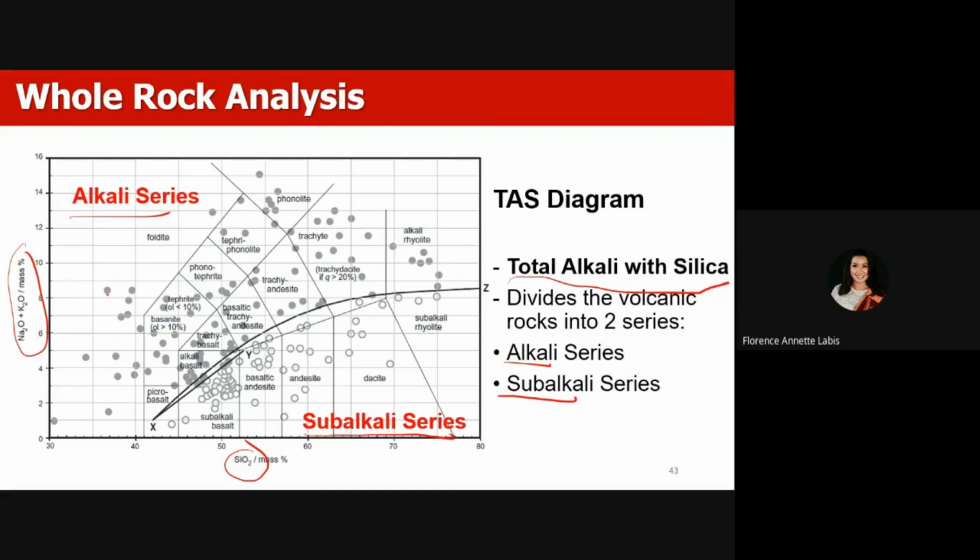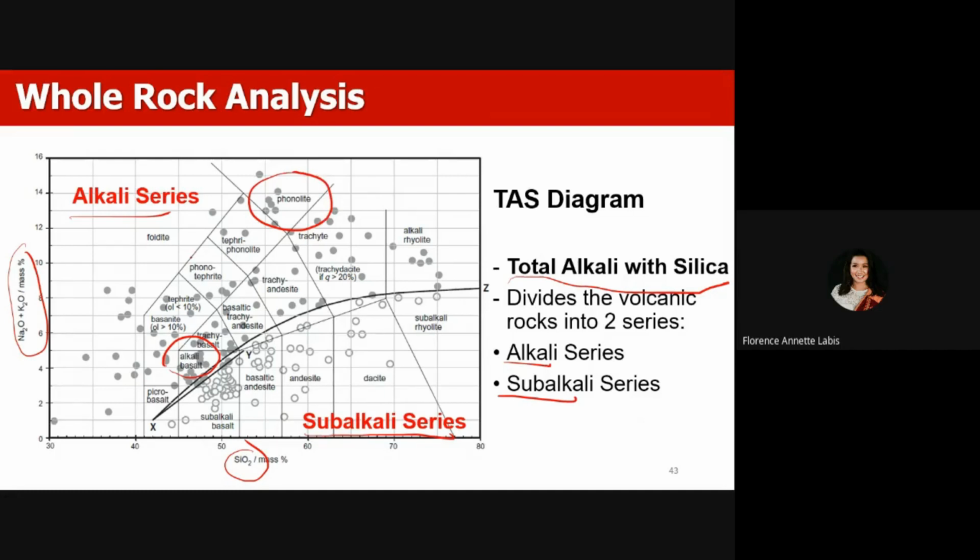For the alkali series, you don't have phonolite in your subalkali, right? Phonolite is only present if your samples are alkali rich. You have your phonolite and other basalts, but it is not subalkali basalt but alkali basalt. Okay?